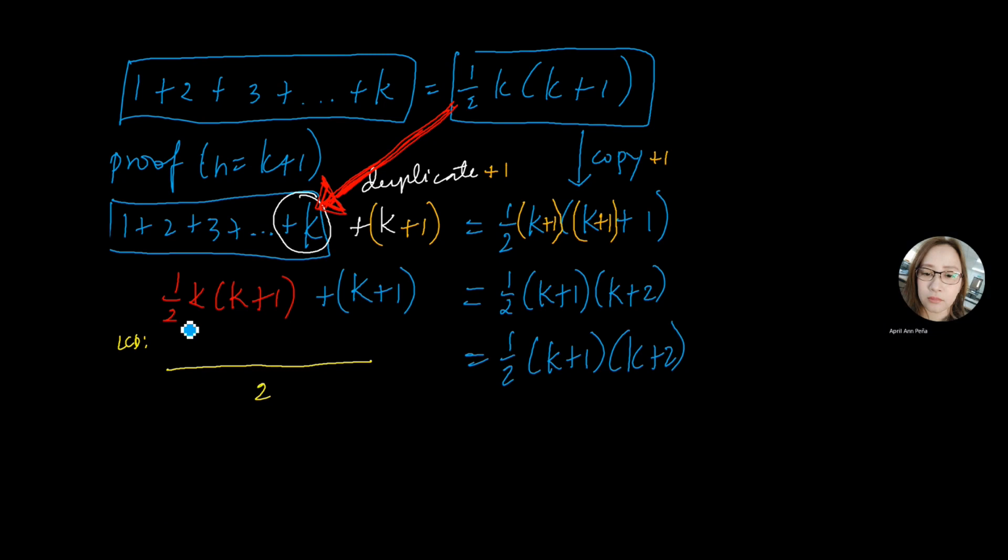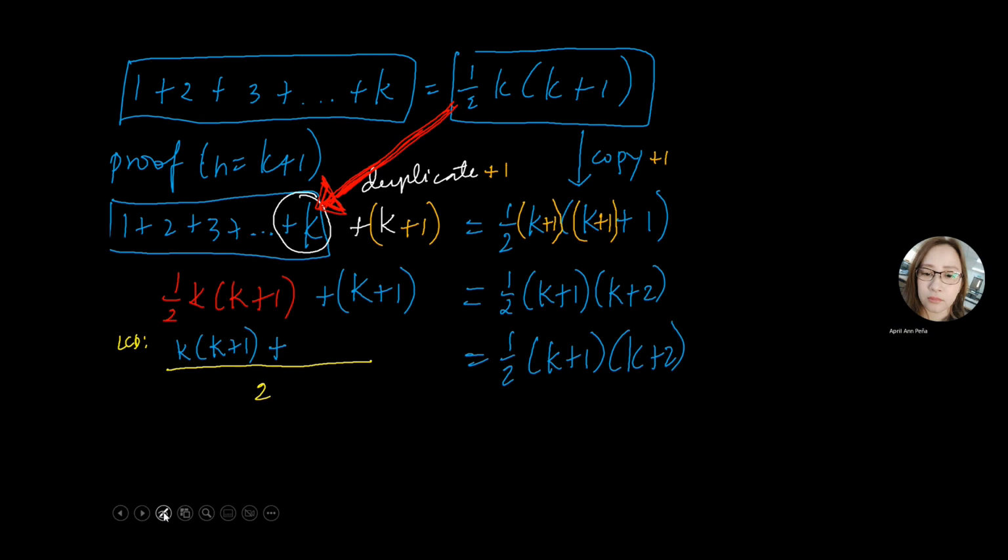All right, so let us apply the LCD here. Since we have the LCD of 2, we divide it by the denominator of the first term, which is 2. So 2 divided by 2 is 1. You multiply it to the numerator, so that is 1 times k plus 1. Simply copy it. Next, plus.